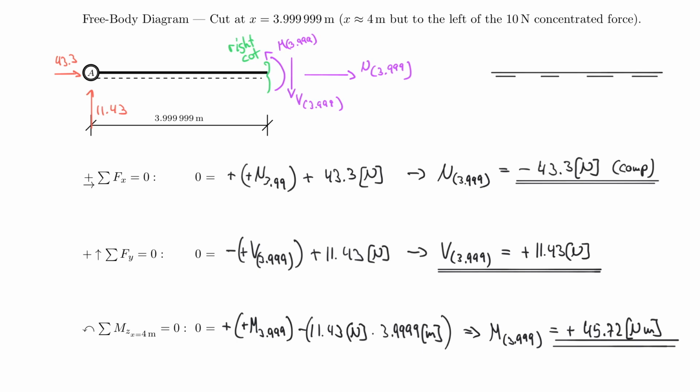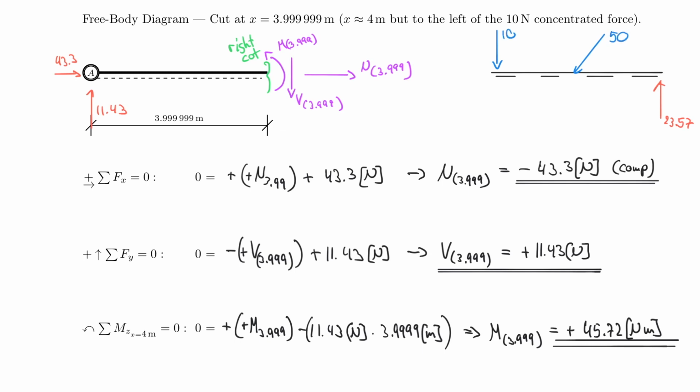I had a support reaction on the right side, which was called RBY, and I believe that was equal to 23.57. I also had two other forces acting. One was directly at the cut here, which was 10. And then I had a sloped force here with 50 under an angle, so 50 and 10.